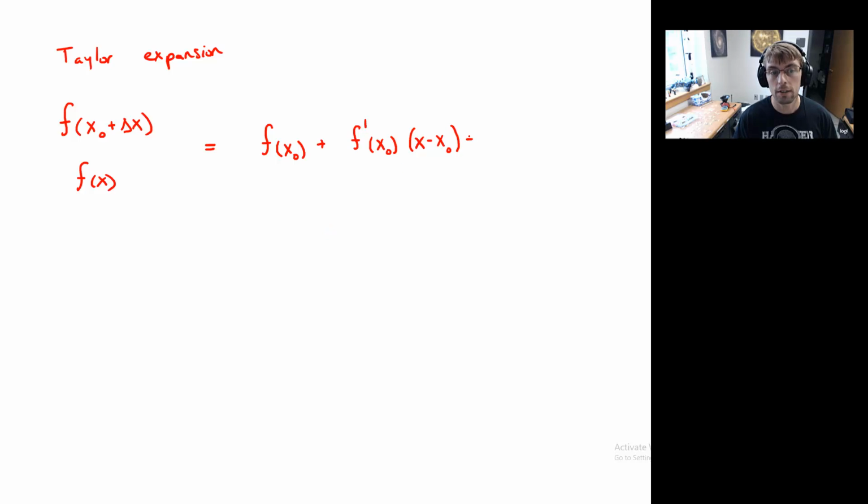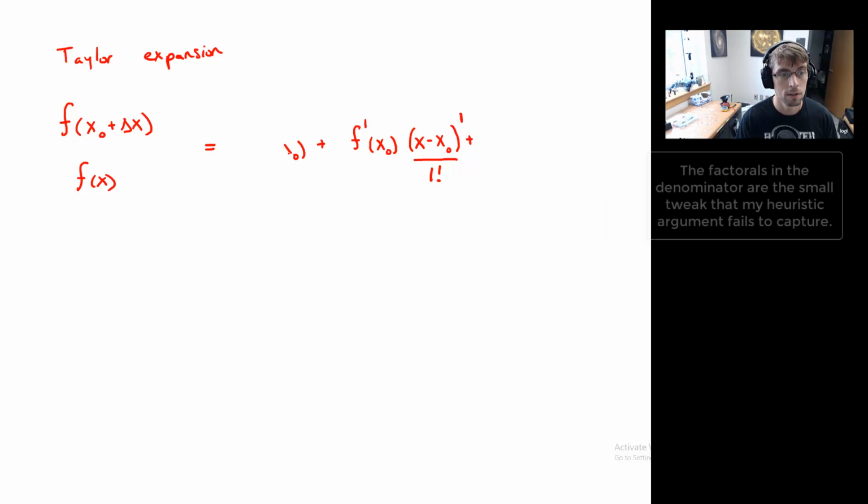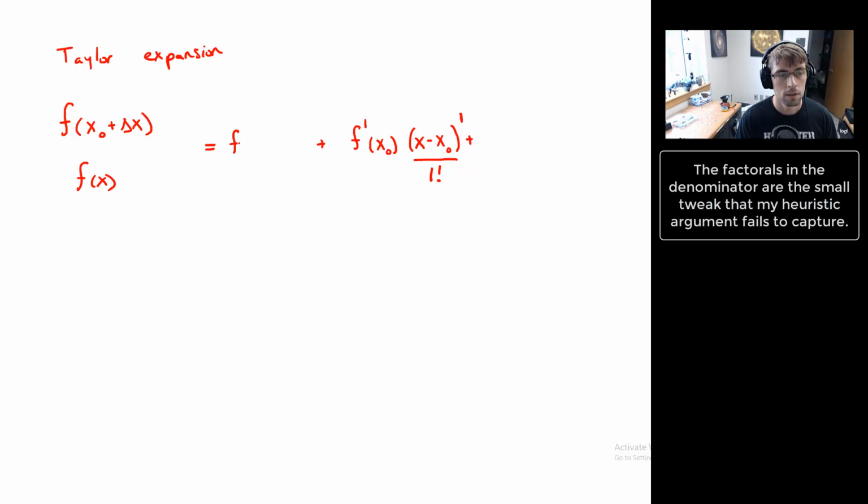Then you go plus, and to make this more explicit, I'm going to put it to the first power divided by 1 factorial. I guess I could have done this first one as x minus x naught to the 0th power. So I guess we could write it like this, just to make the pattern more explicit.